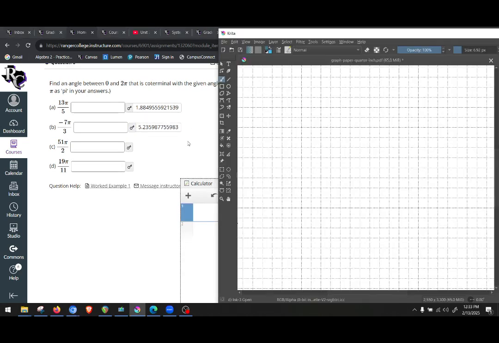Okay, 51 pi over 2. Definitely going to be bigger than 2 pi, so we're going to be subtracting. So we're subtracting 2 pi, but we've got to have a common denominator.